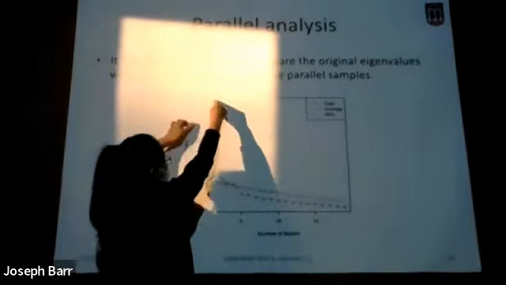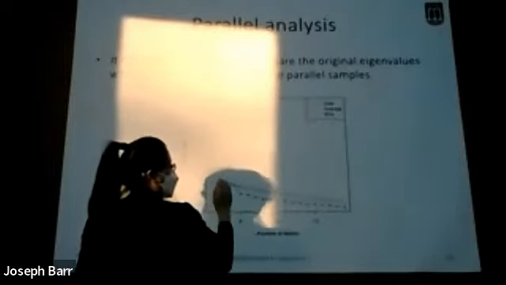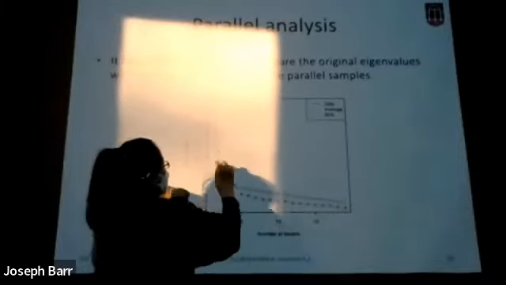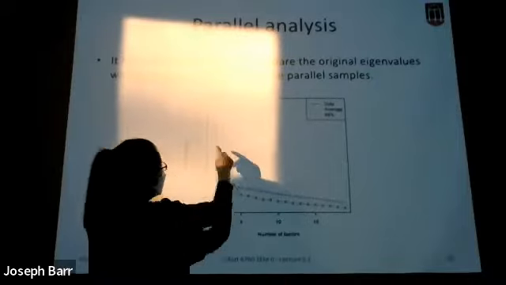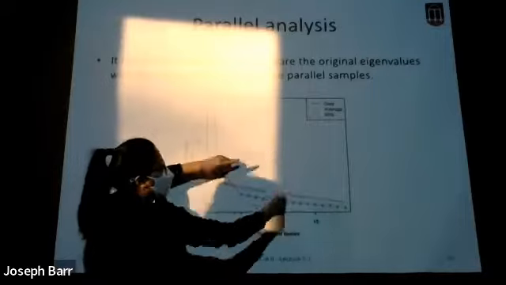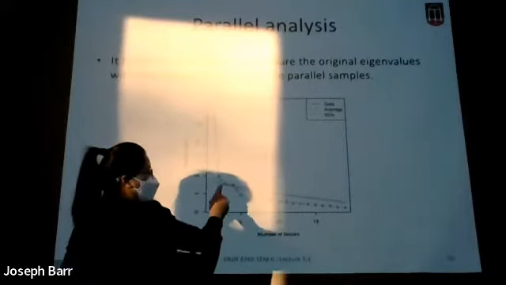So we are going to compare this line with the average here. This part is due to noise. By doing the comparison, we decided that these 4 are larger than these 2 lines. It can be the average line or the upper bound, it's up to you.